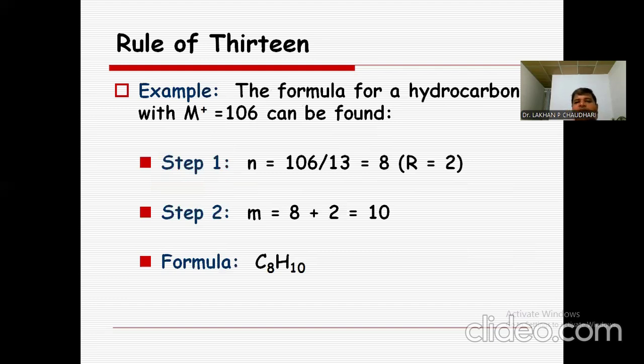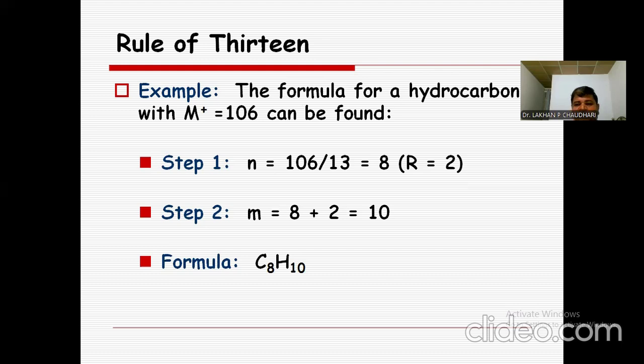The hydrocarbon has an M+ value, that is the mass value, of 106. How can we determine the formula? In step one, we divide 106 by 13. We get the answer 8, and 2 will be the remainder.